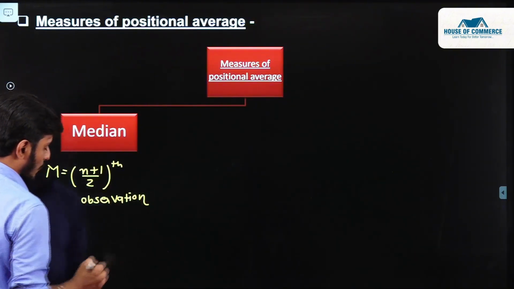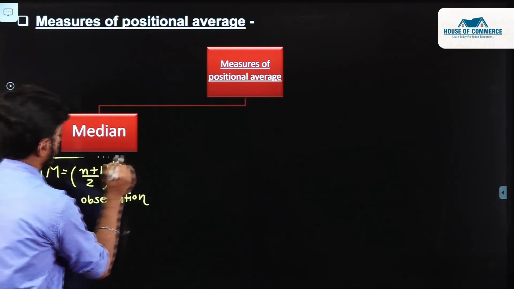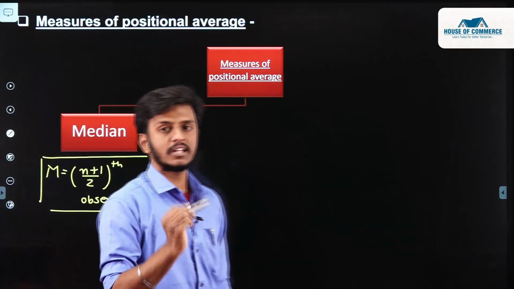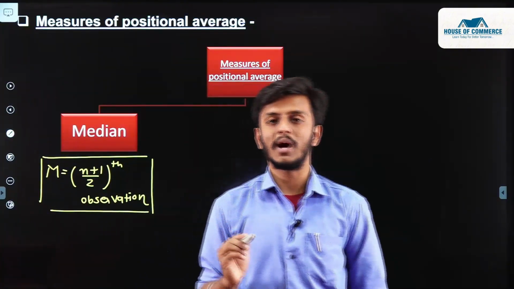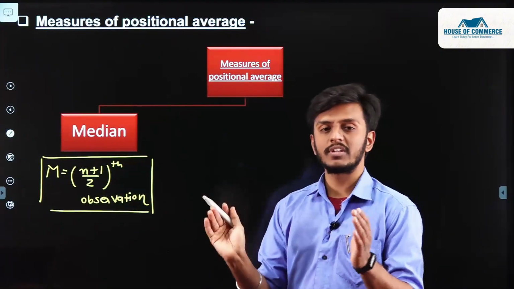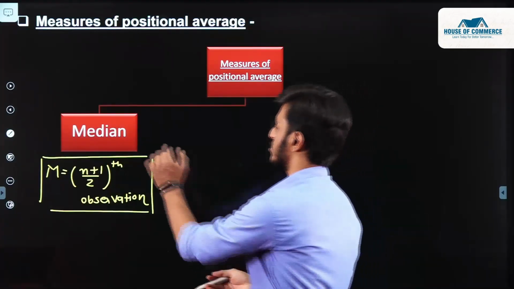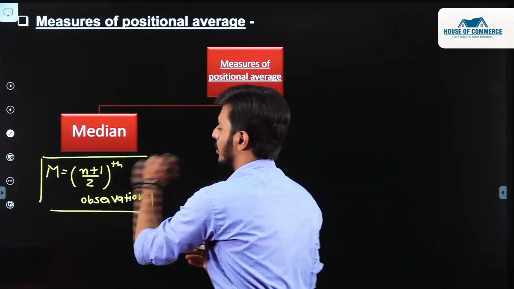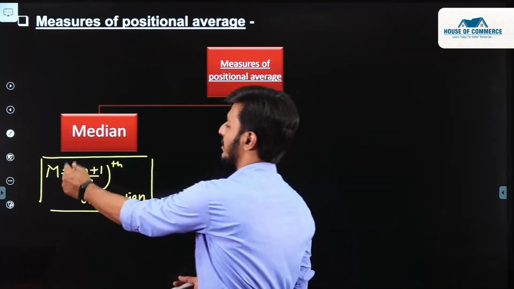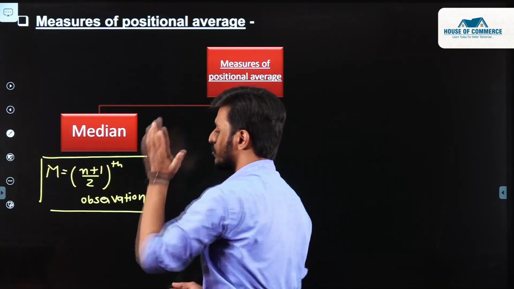We are using this formula of median for the ungrouped data as well as for the discrete frequency distribution of grouped data. Why? If we are arranging the observations in ascending order, then median is such a value which divides all the observations in 2 equal parts. That's why we are using the 2 in the denominator, right? So what is the formula of median? M equals (n plus 1) by 2th observation.